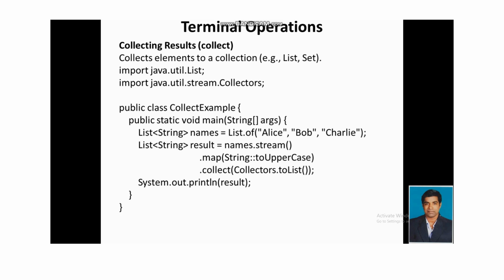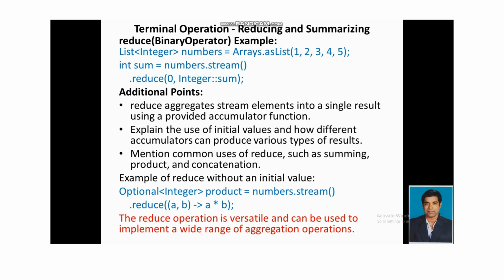All the names given in the list are converted into uppercase. After that, .collect(Collectors.toList()) collects all the strings in uppercase and stores them into result. System.out.println(result) prints the values in uppercase.